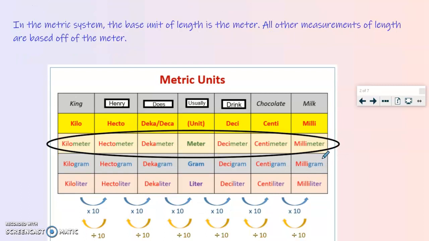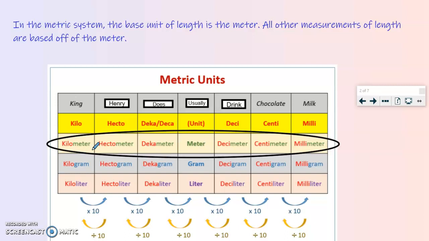And we talked a little bit about converting yesterday. We saw that we had to multiply in order to go from a larger unit to a smaller unit. And that's because it takes more of the smaller units to make up the larger unit, right? It took 10 millimeters to make up 1 centimeter, and it took 100 centimeters to make 1 meter.